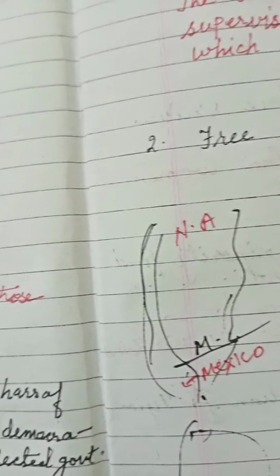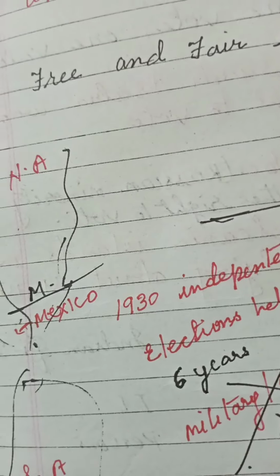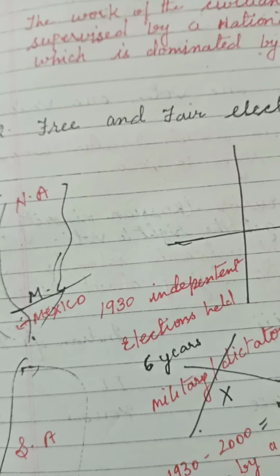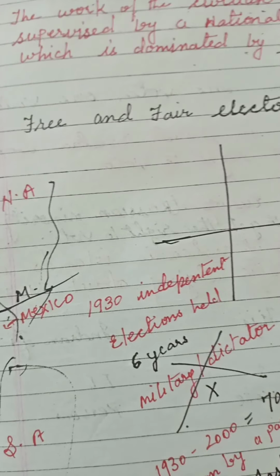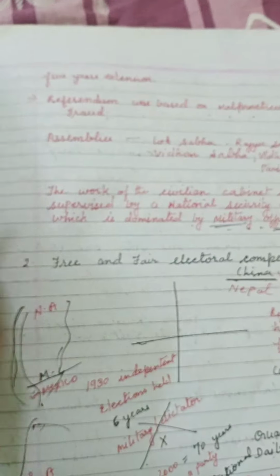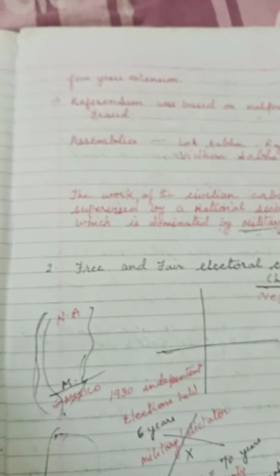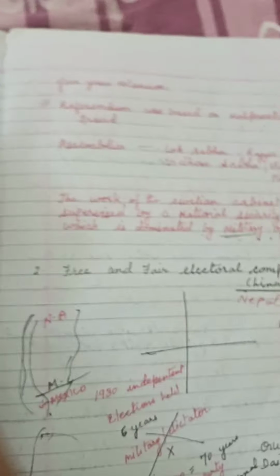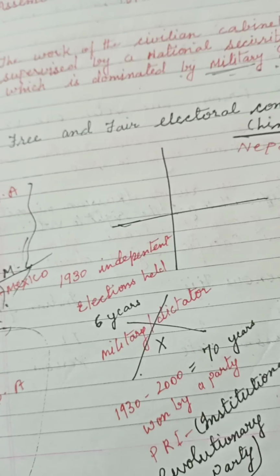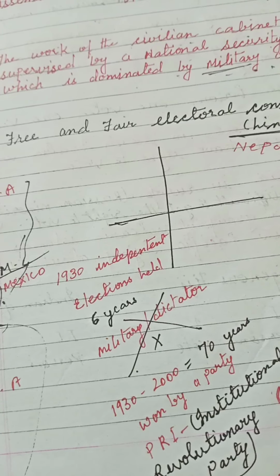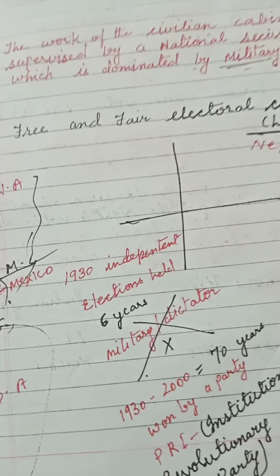Right now we have a BJP government. Before that we had a Congress government. So in this way we are having free and fair elections; it means the ruling party can also change. From 2004 to 2014, Congress was the ruling party in our country.